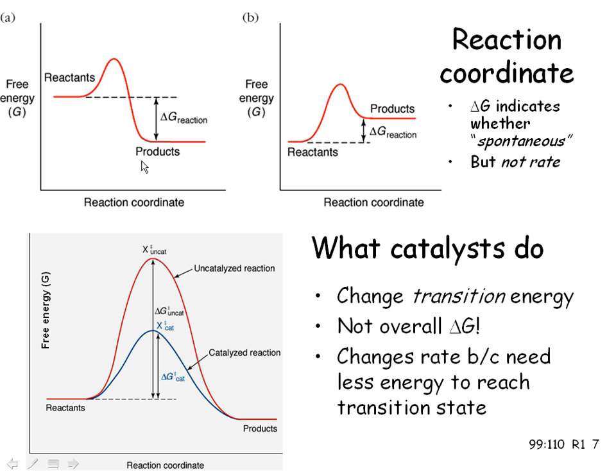The delta G tells you whether energy has to be put into the reaction. It does not tell you about the rate. It might still take a very, very long time, because the delta G of the reaction is not the thing that determines how fast it'll go. It's whether it goes to one side or the other.